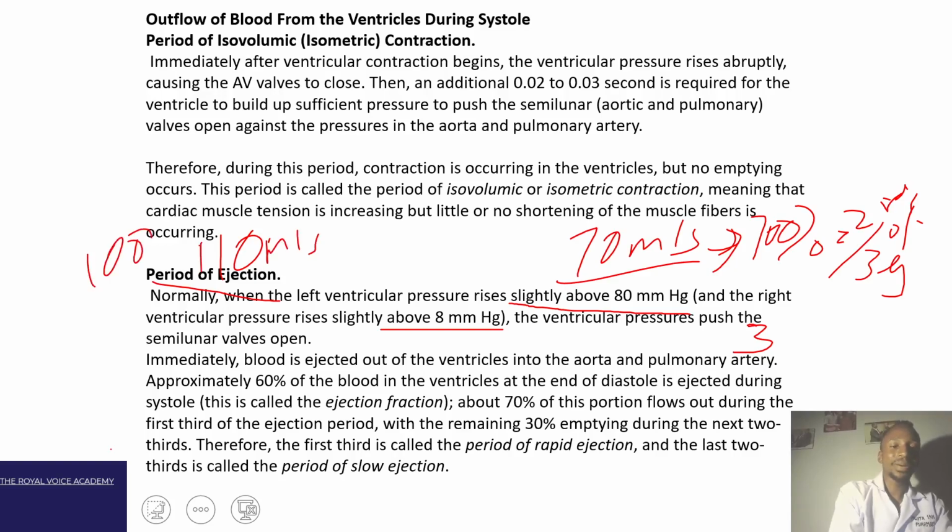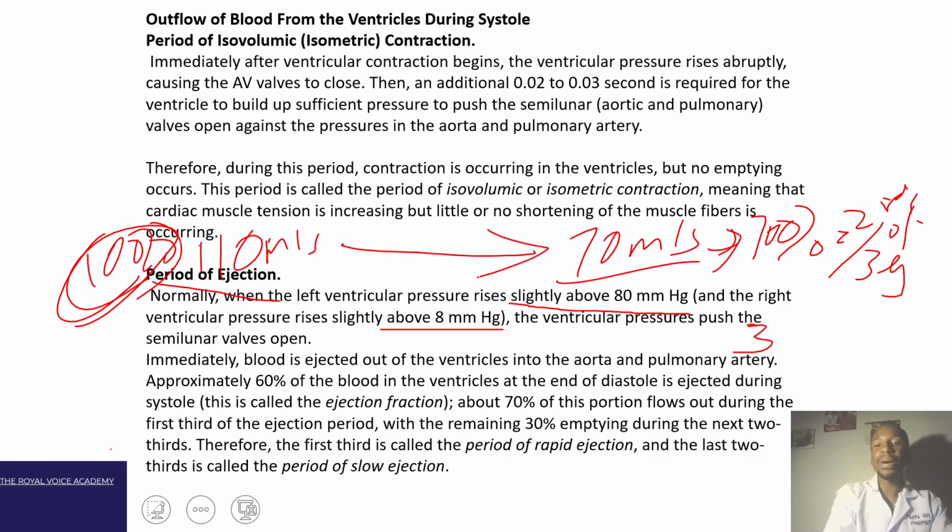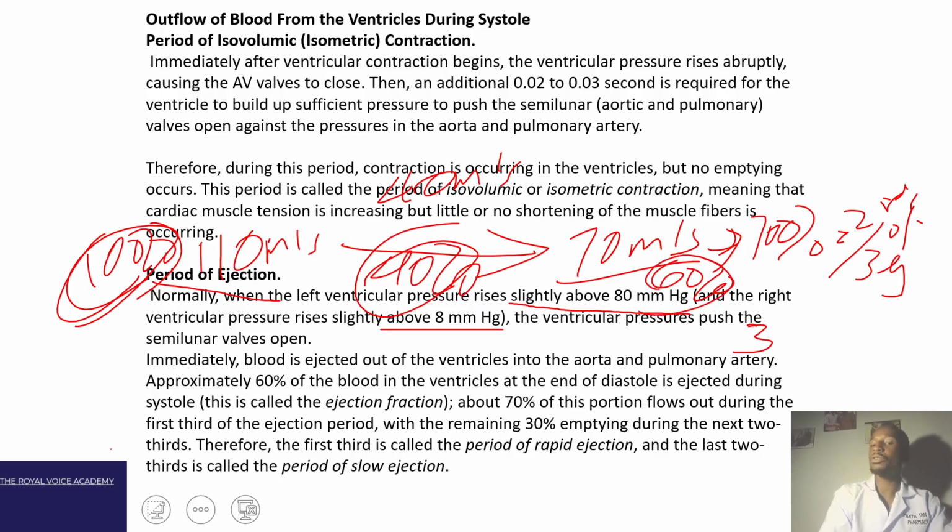This is 100% of your blood in your ventricles. But out of this 100, you will only pump out 70 mLs, which is close to 60%. Then you'll remain with 40 mLs, that is 40%. So the 40% is what remains in the heart, but 60% is what you're pumping out.